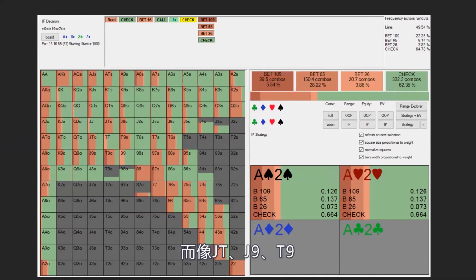And then hands like jack 10, jack 9, 10 9. We have the 10 9 off, jack 9 off. Those type of hands like queen 9 off with a diamond are getting bet. So we can have plenty of natural bluffs here. Hands like 9-6 of hearts, for example, as well. So we can definitely have a lot of bluffs.